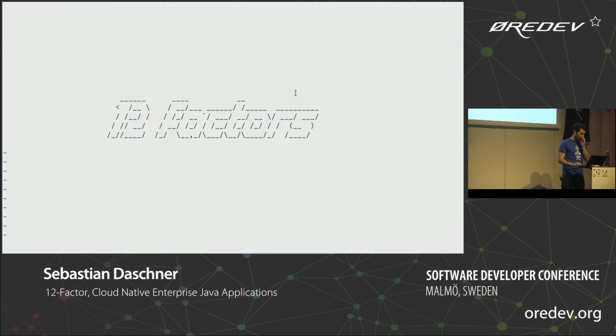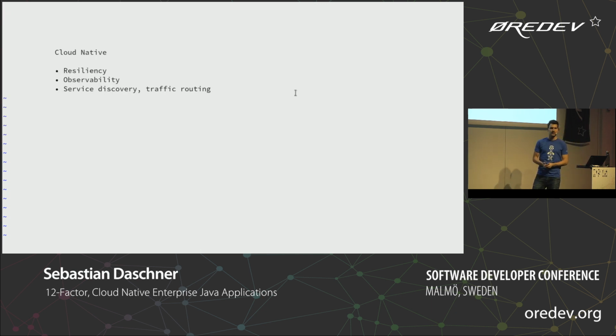And another thing is the term cloud native. So cloud native is somewhat extending these 12 factors, these 12 concerns. And despite the name, it's not that much about cloud offerings, such as you have to run your enterprise applications in the cloud. It's more about technology.